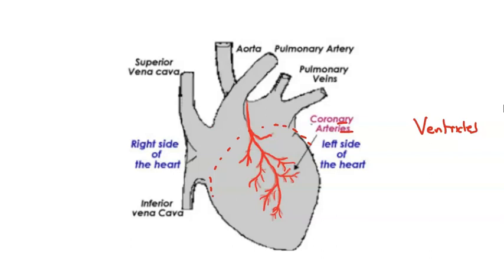These are branches of the aorta carrying oxygenated blood to the heart tissue itself. We should understand that blood that passes through the heart does very little to oxygenate the cardiomyocytes, the heart muscle cells themselves. They need their own capillaries and their own arterial supply. That starts on the surface, and then they dive down deep into the muscle of the heart, supplying those muscle cells with oxygen and nutrient.